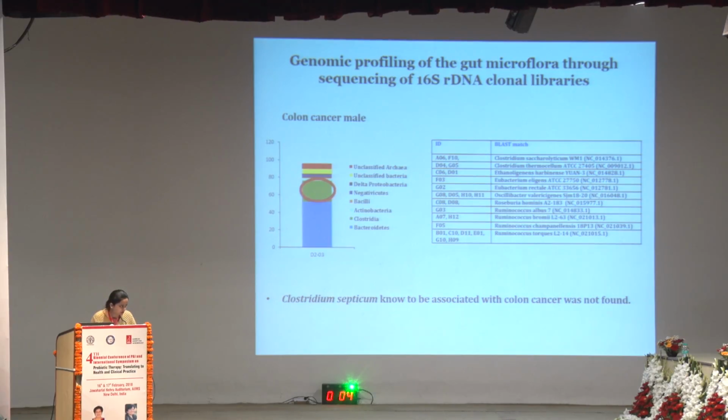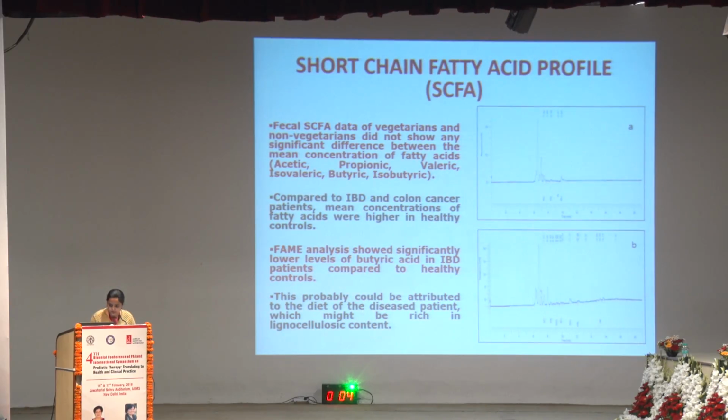Here we did the BLAST and we got certain Clostridium sporogenes from different patient IDs. But Clostridium septicum, which is known to be associated with colon cancer, was not found.